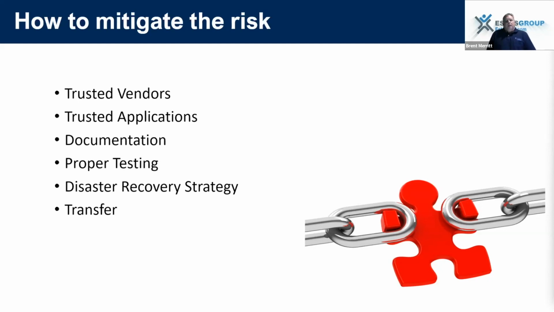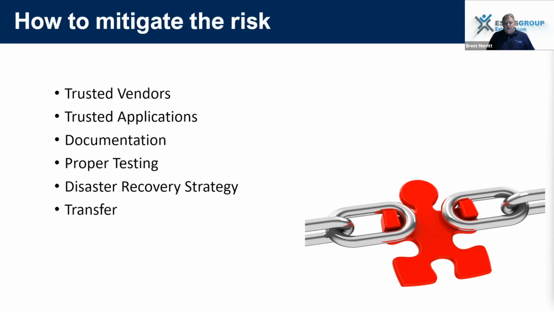Transfer. This was one that we were trying to really get to. The transfer of risk is data in motion, and you have to have security on both ends. Is it secure traffic? Is it point to point, and so forth?